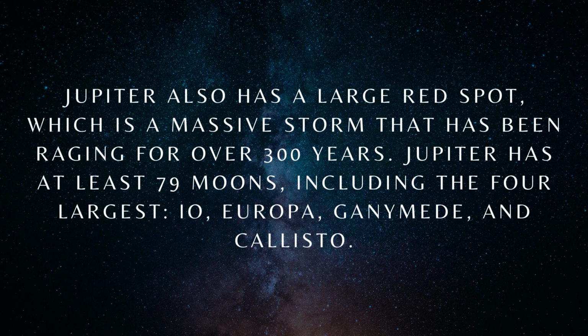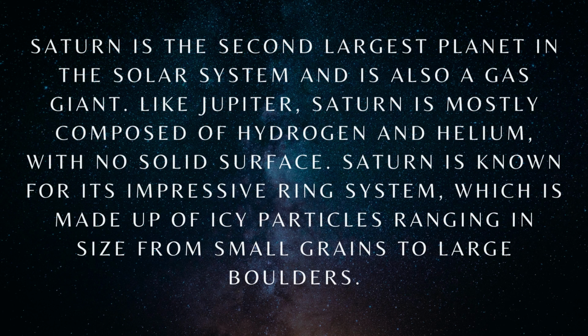Jupiter also has a large red spot, which is a massive storm that has been raging for over 300 years. Jupiter has at least 79 moons, including the four largest, Io, Europa, Ganymede, and Callisto.